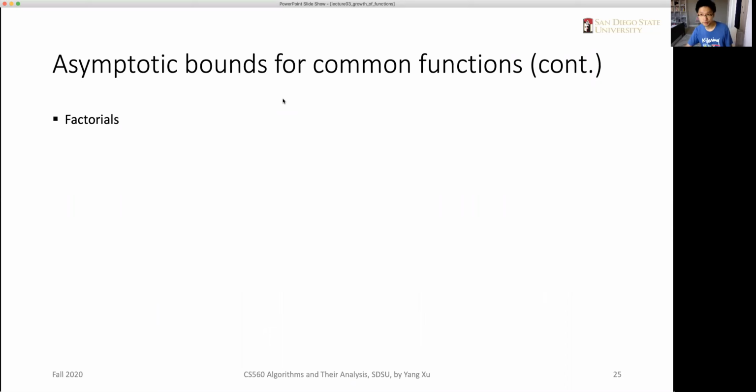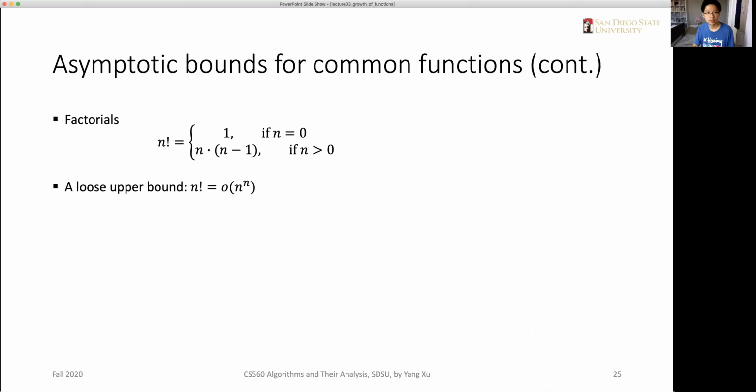Factorials. This is a function that we will see in later chapters. Given a number n, the factorial of n is n times n minus 1 times n minus 2 until 1. It has a loose upper bound: it grows slower than n to the power of n, which is insanely fast.